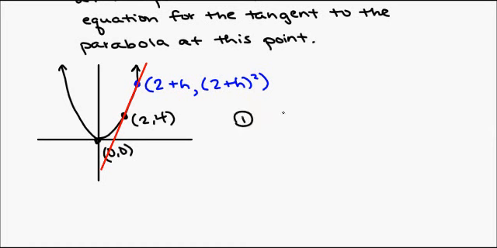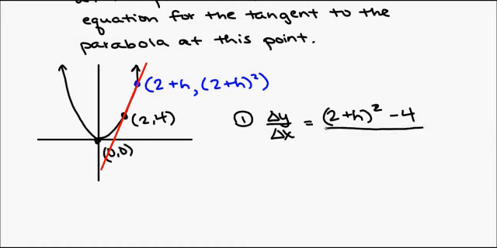So the slope of this secant line is delta y divided by delta x, which gives us (2 plus h) squared minus 4, divided by (2 plus h) minus 2.